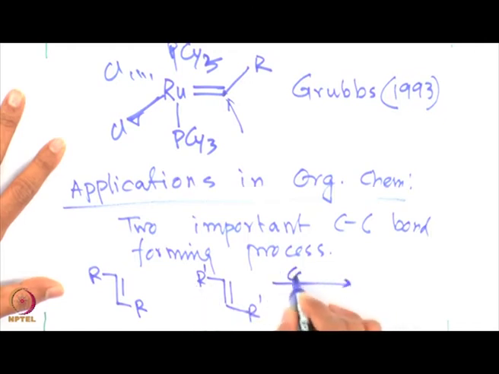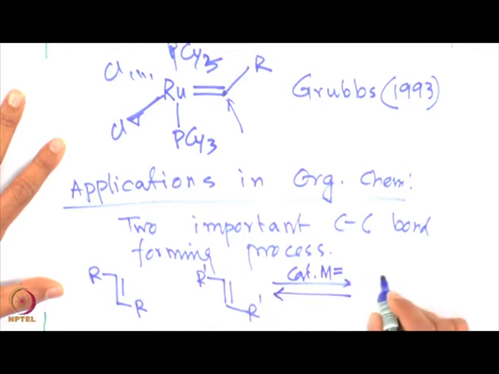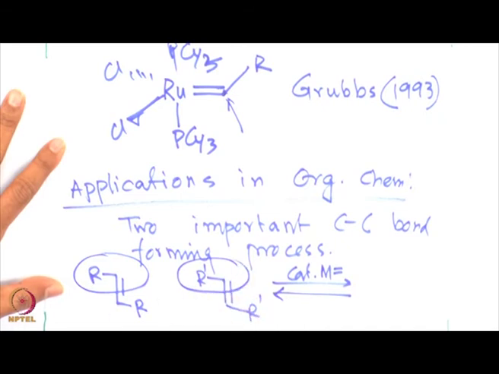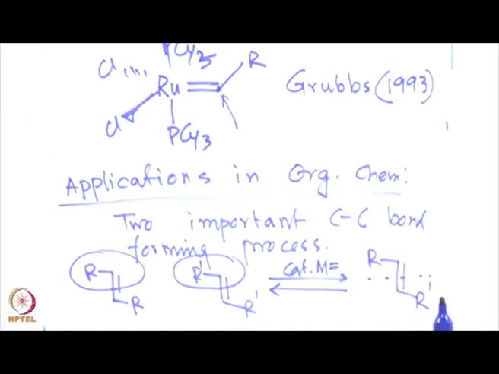Now, if you react it with the Schrock carbene, or nowadays Grubbs catalyst, usually you will get an exchange of partners, where one half of the olefin will be exchanged with the other half to give you a mixture of compounds, where one half is associated with the double bond of one olefin and the other half with the other olefin.